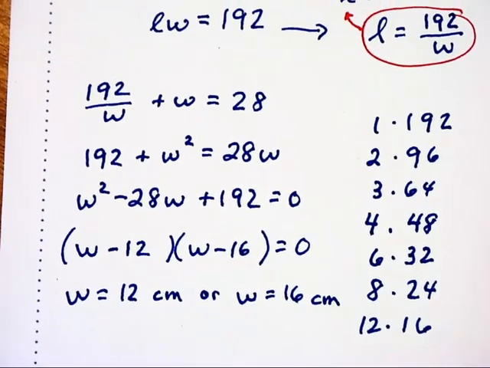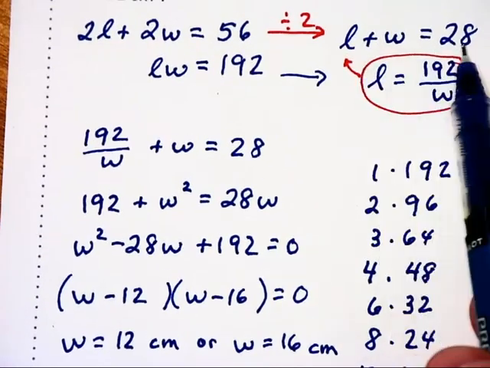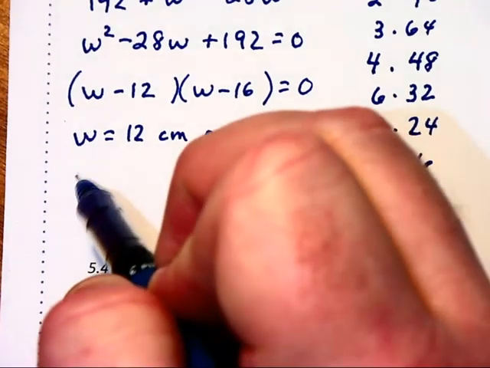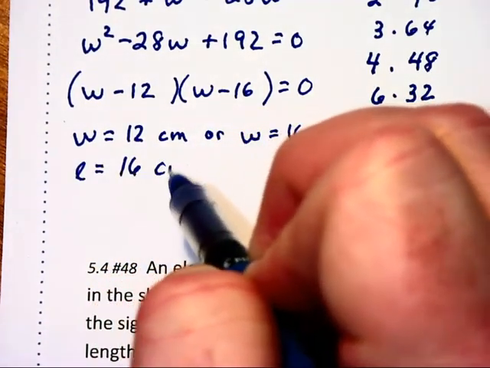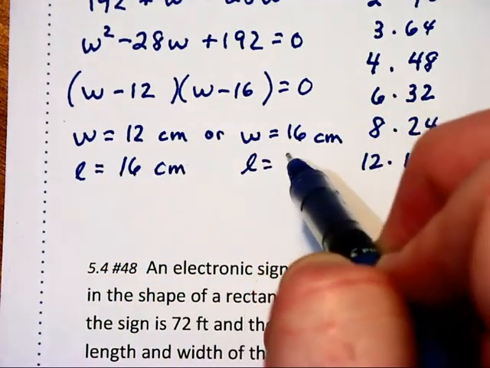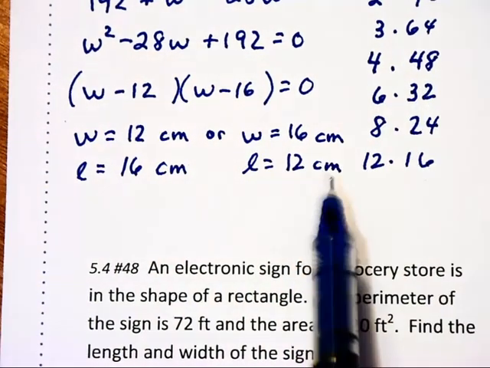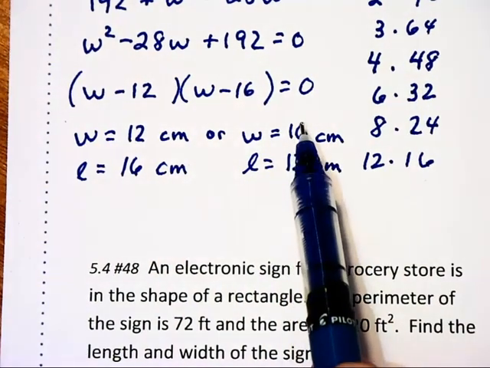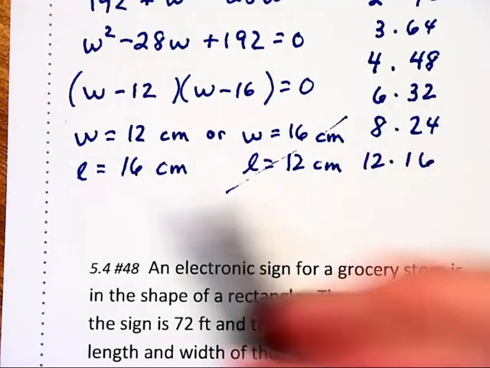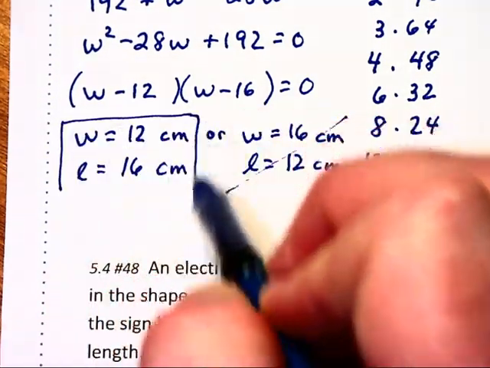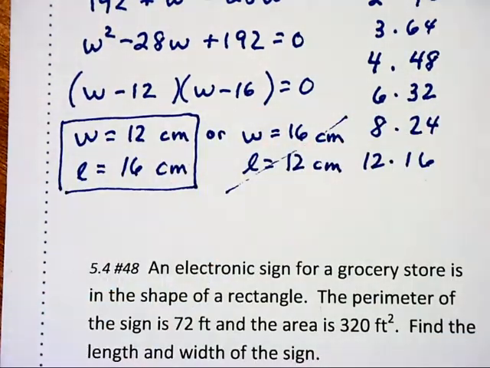We need L, and we know that L plus W adds up to 28. So L here would be 16 centimeters, or L here would be 12 centimeters. It's kind of weird having a length that's smaller than the width, so I'm going to go with 12 for the width and 16 for the length, and that would be the solution to our problem.